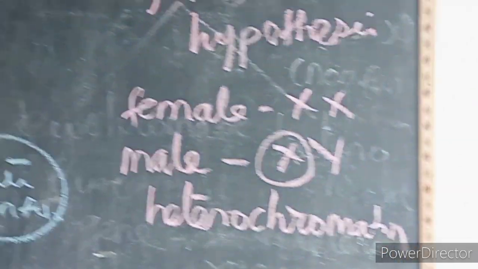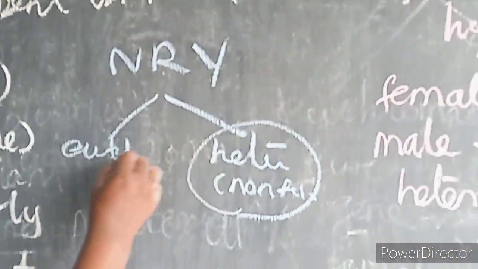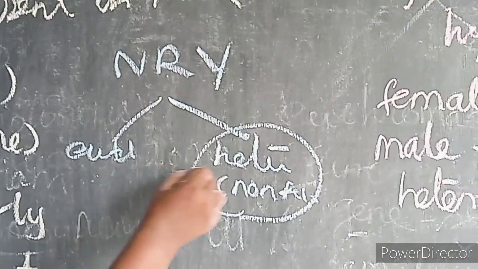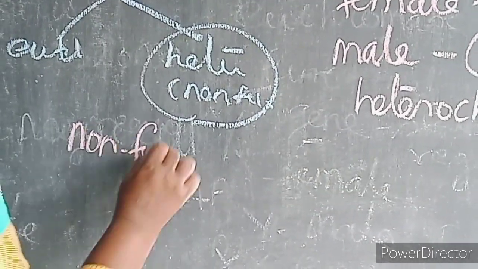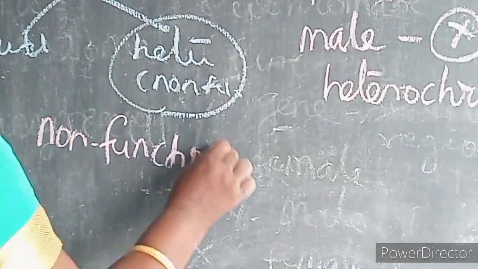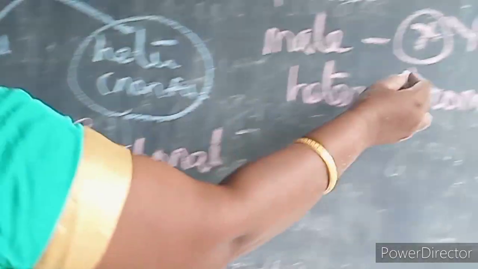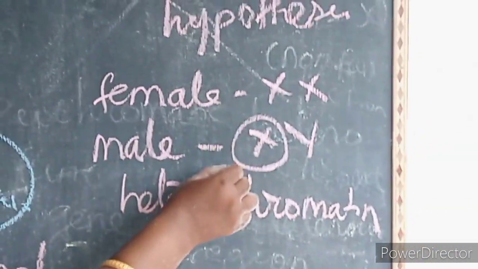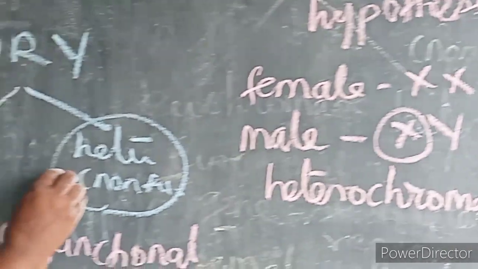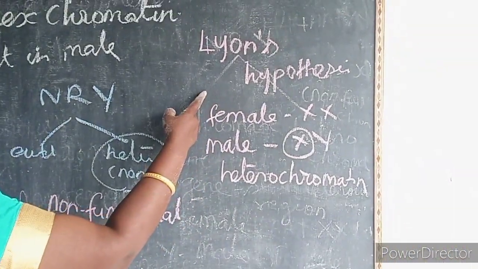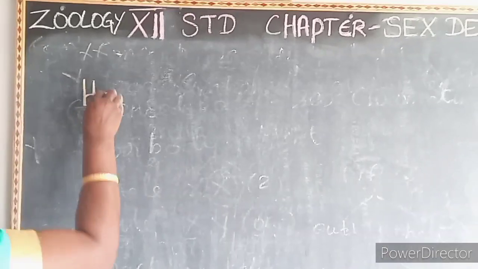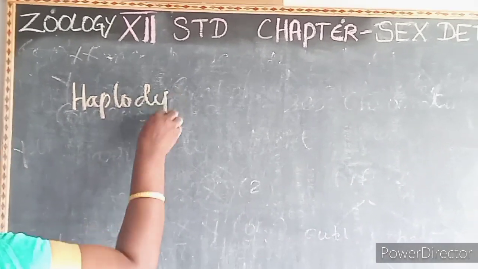The non-combining region is divided equally into euchromatin and heterochromatin, which has non-functional genes. So one of the X chromosomes becomes inactive and is placed in the heterochromatin. The name of that theory is Lyon's hypothesis. The next topic is haplodiploidy.